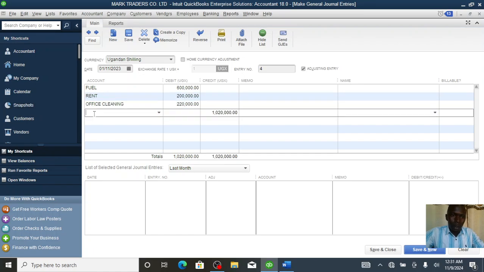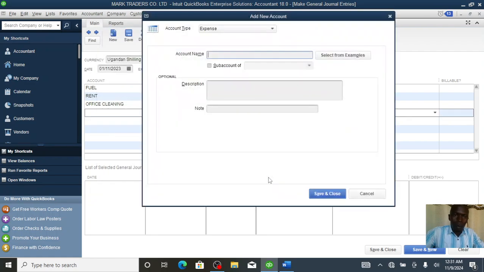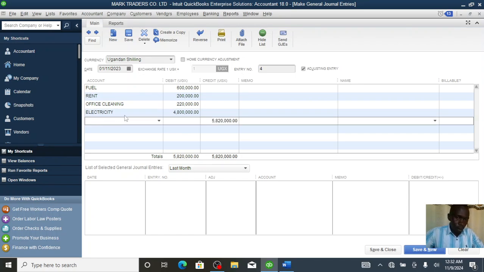Our next expense is electricity. We save and close. The amount is 480,000. Go to the next, advertising.